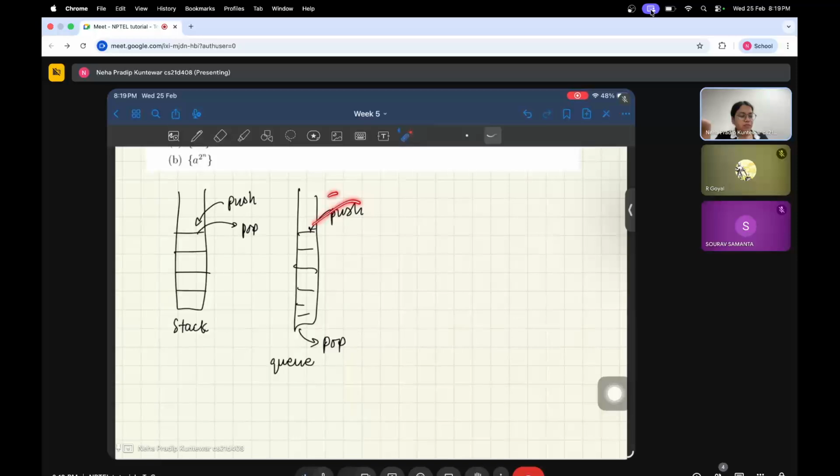So whenever you push, you'll be pushing here, and when you pop, you'll be popping here. One simple language that you can simulate using this new model is WW reversal, where let's say W is in 0 1 star.